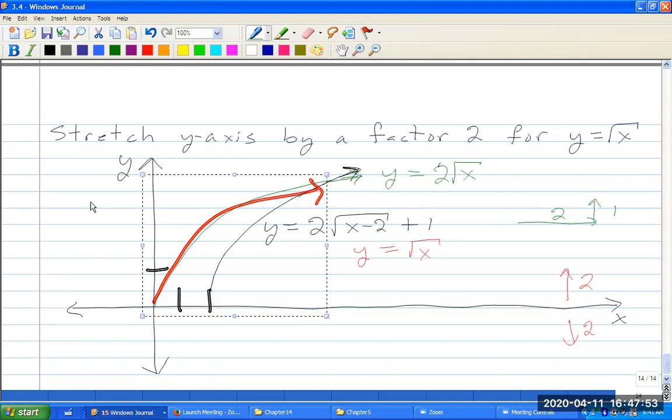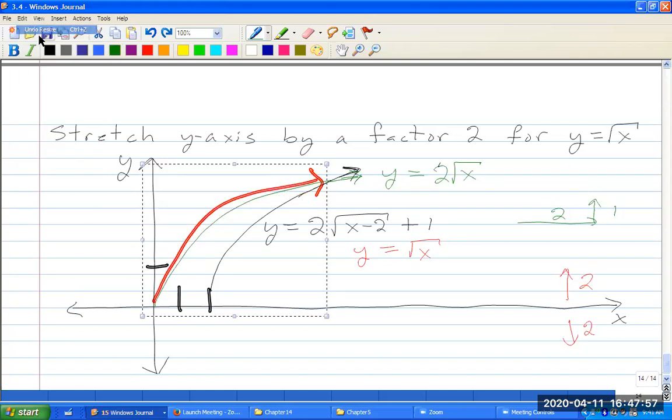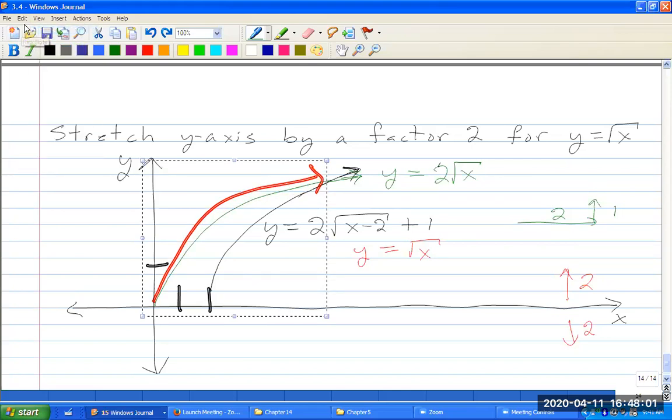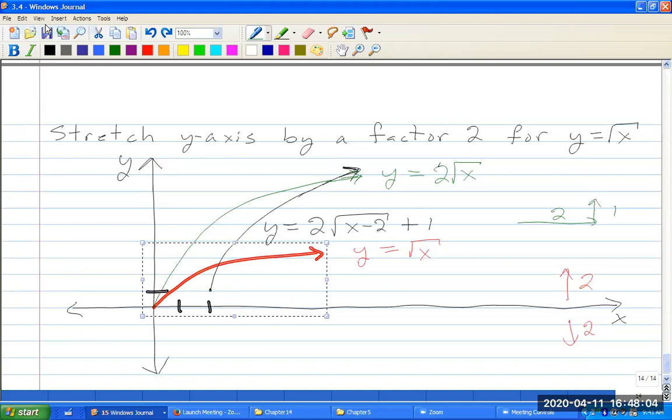Okay. Oh, and let's undo that, undo the resize. There. So that's all I really did, I just stretched it. Okay. So really that's it for this section.